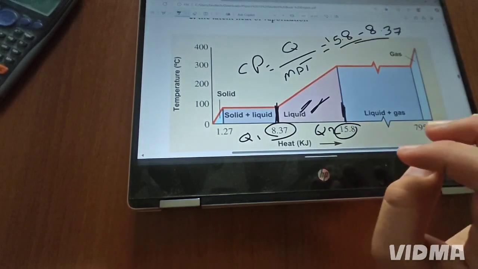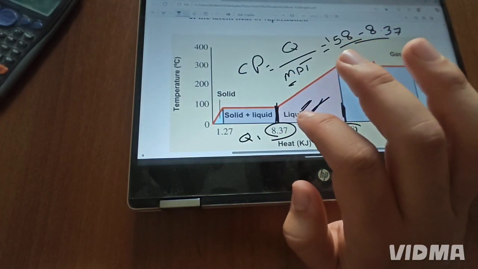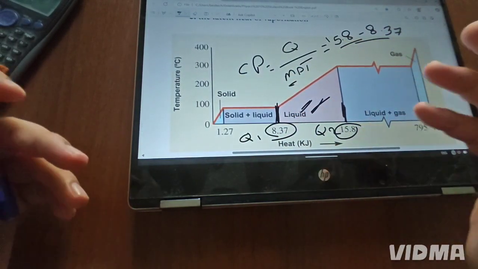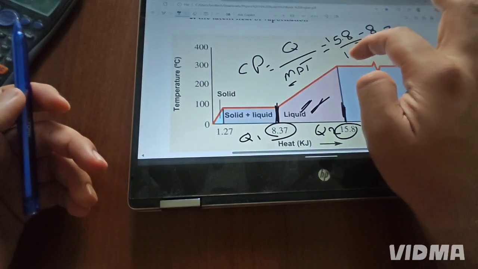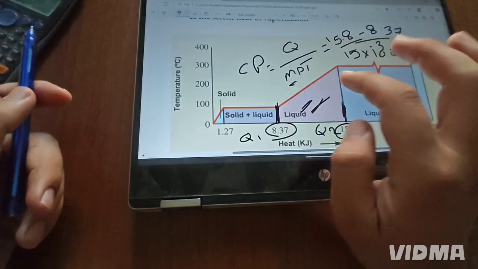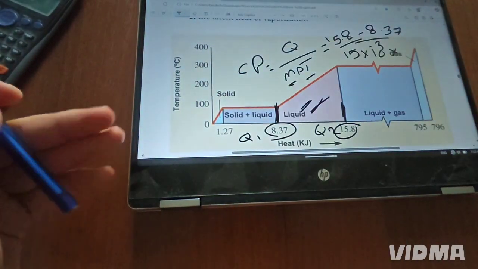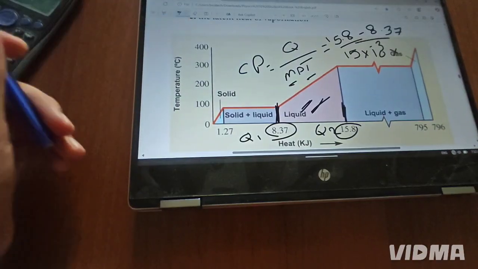We wrote the energy on the top. What about the bottom? The mass. The mass was 15 gram, and instead of 15 gram, you have to convert to kilogram. Write down 15 times 10 power negative 3. What about delta T? For delta T, we have to look at the vertical line, because the vertical line is about temperature.